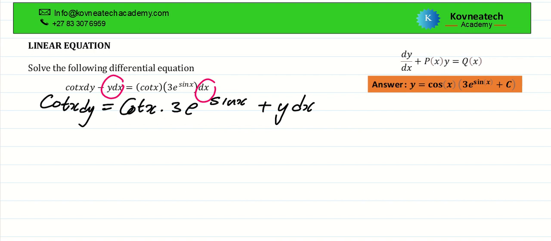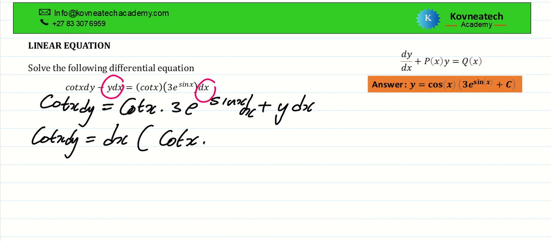Then, remember to write the dx there. Then I'm going to factor out dx since it's a common factor. Then I'll have cot x times 3e to the power of sine x, right, plus y.